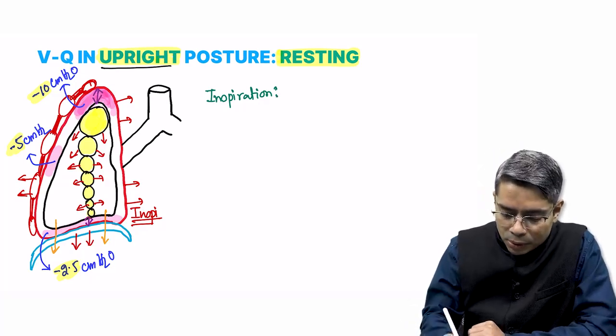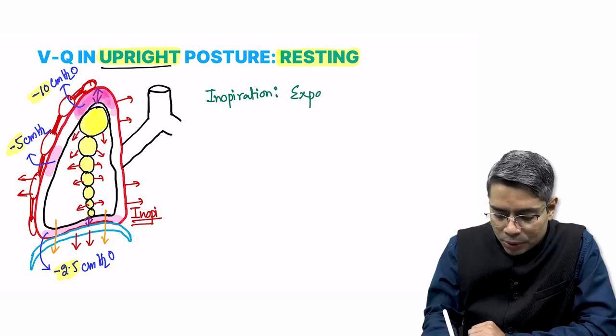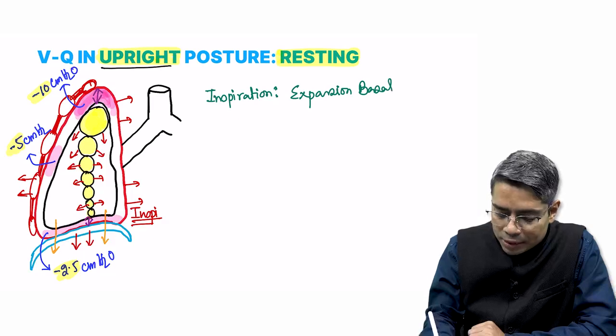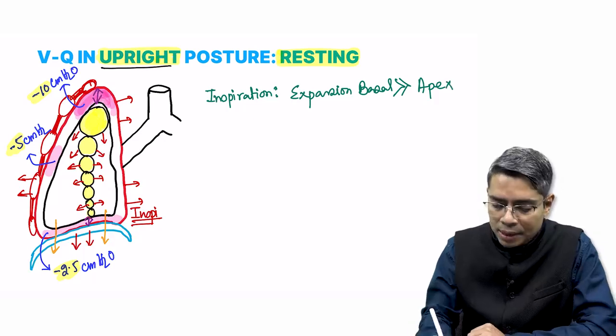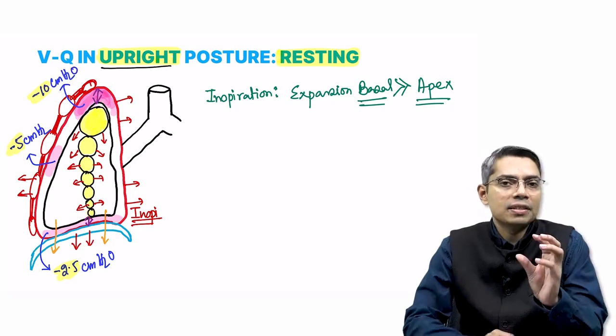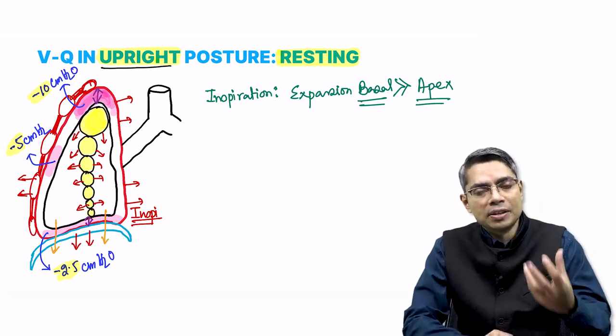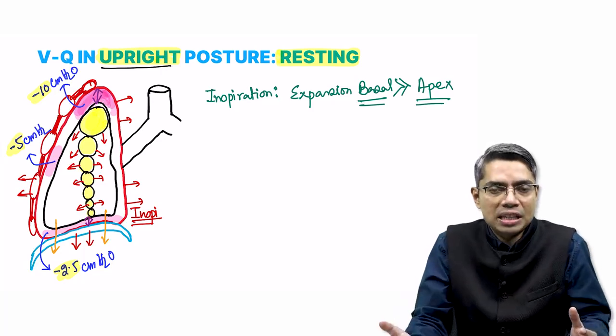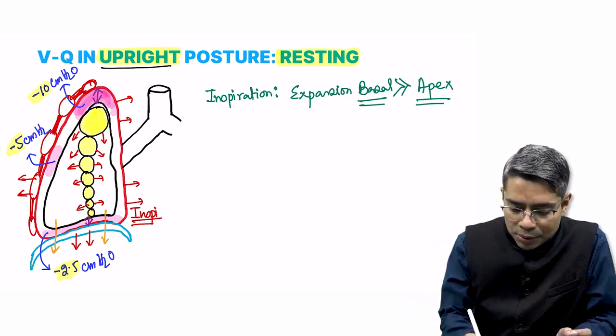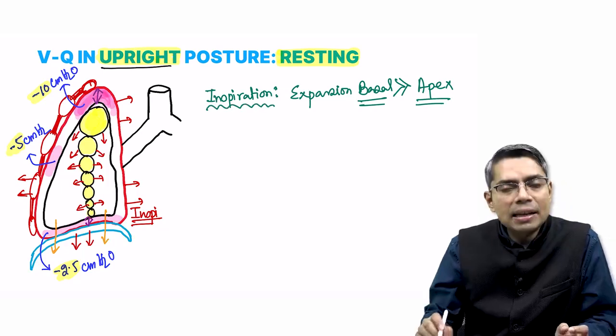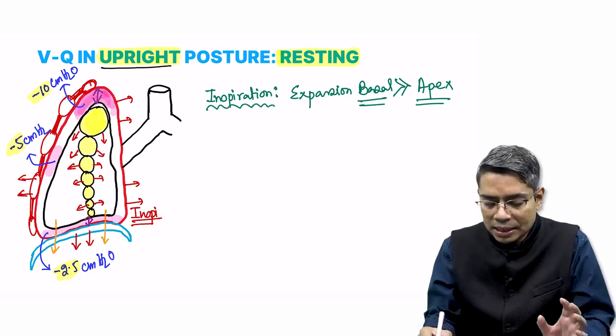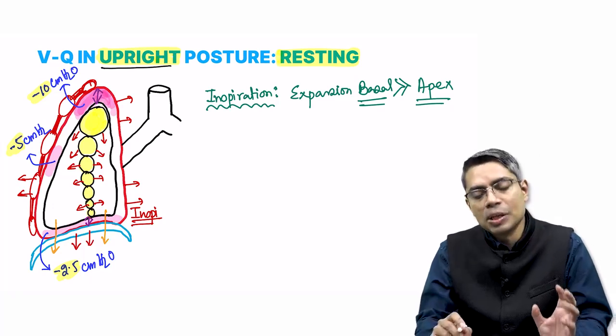But if you look at the expansion, the expansion of basal alveoli is much more than that of the apical alveoli, because basal alveoli in resting condition are smaller in size, and the apical alveoli in resting condition are already stretched. So that's why during inspiration the apical alveoli are not expanding that much, but the basal alveoli are expanding hugely.